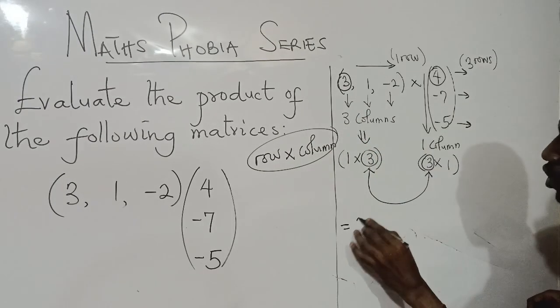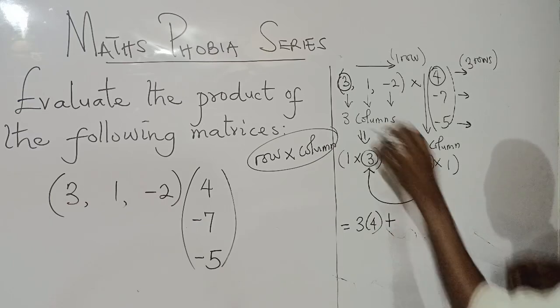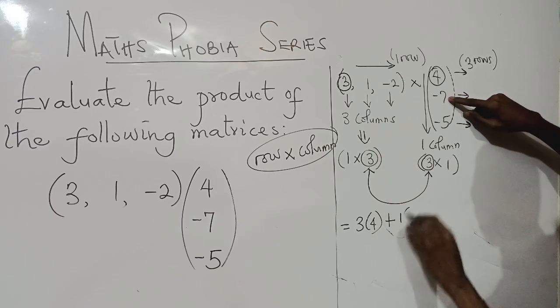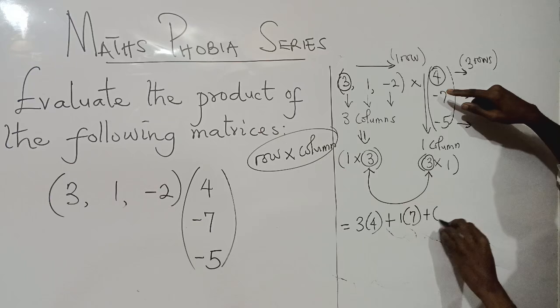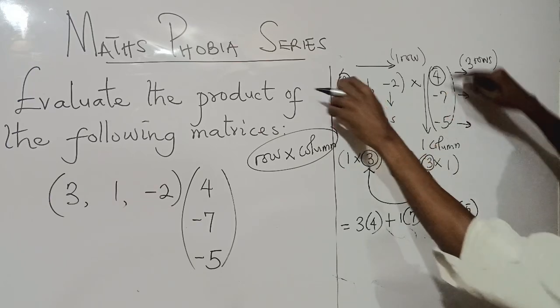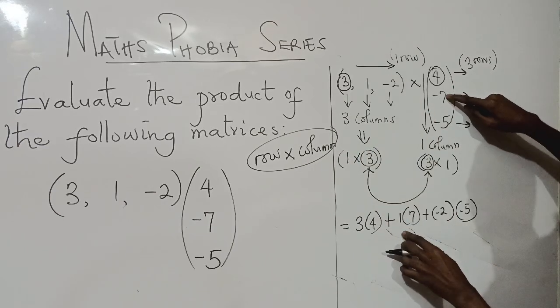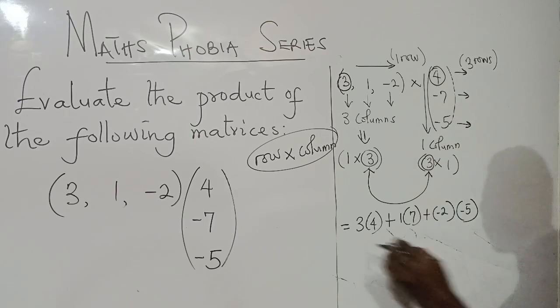So we have 3 times 4 plus 1 times minus 7, plus minus 2 times minus 5. So 3 times 4 we have that, plus 1 times minus 7 we have this, plus minus 2 times minus 5 we have this.